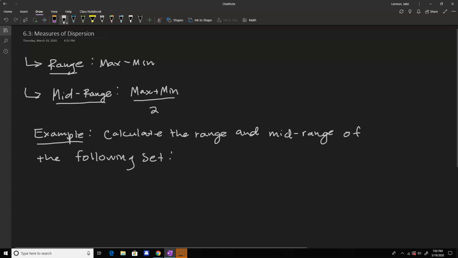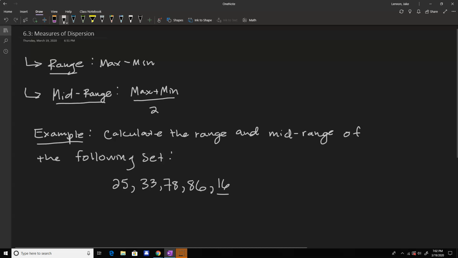I just took this example from the book, so the data is unordered. But really, we don't even need to order it. We just need to identify the smallest and largest values in order to compute the range and the mid-range.